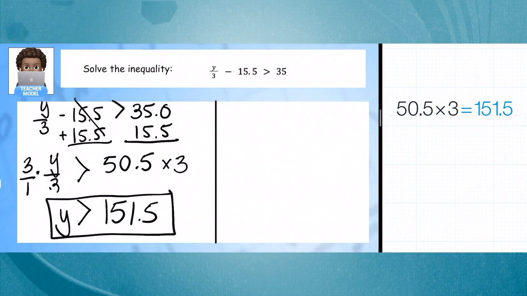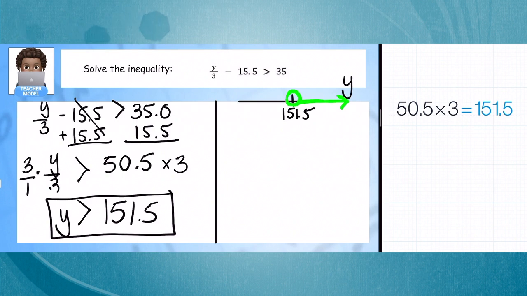Let's graph this so we can find the numbers in our solution set. 151 and 5/10. Circle around 151. I want y to be all the numbers that are greater, so I'm going to go over here and identify all the values to the right.